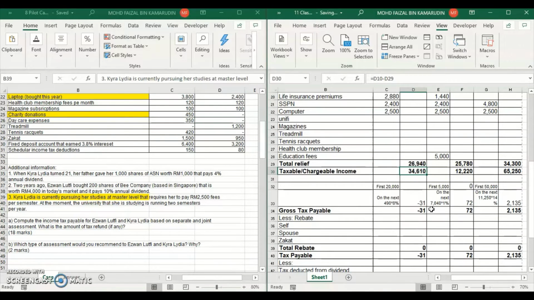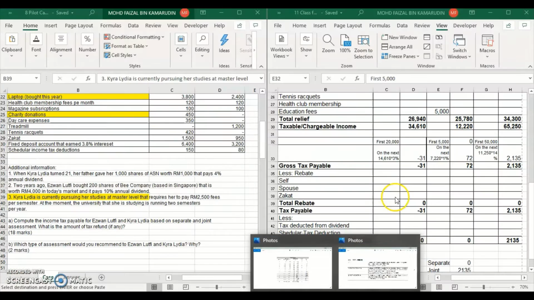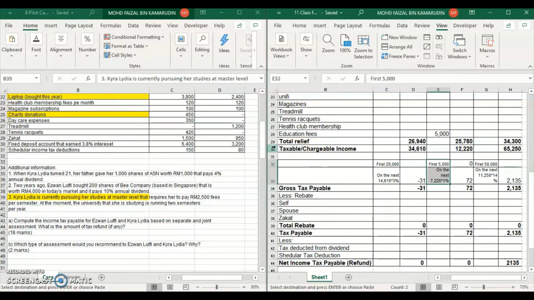Let's continue with the next step, which is gross tax payable. For this, the first thing we have to look into is the taxable chargeable income: 34,000 for S1, 12,000 for Kyra, and then in total they are having about 65,250.